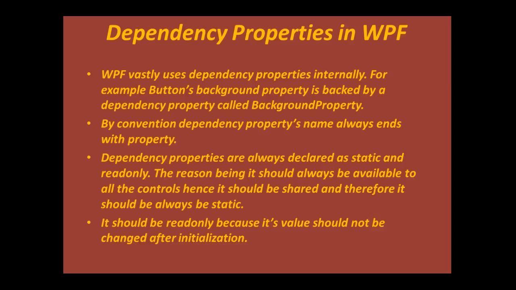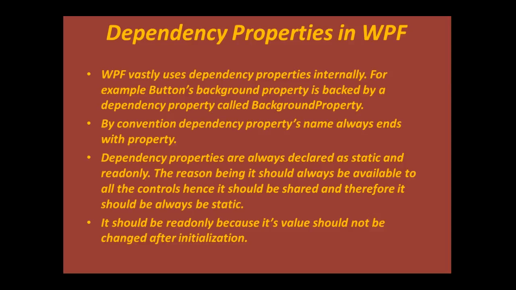The reason being, it should always be available to all the controls, hence it should be shared, and therefore it should always be static. Now the reason why we declare anything as static is because we want it to be shared in our application. We don't want the object of that class to be created again and again, so therefore we declare it as a static thing. Okay, same concept applies with dependency properties.